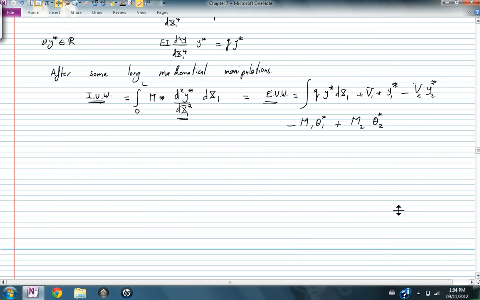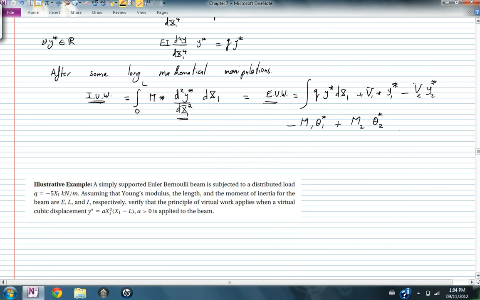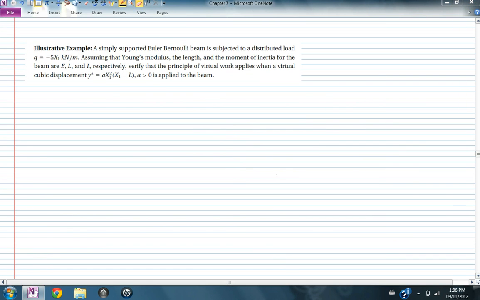Now, let's do an example. In this example, we would like to apply the principle of virtual work for a beam, just to illustrate that the internal virtual work is indeed equal to the external virtual work when a specified virtual cubic displacement is applied. We have a simply supported Euler-Bernoulli beam subjected to a distributed load equal to negative 5x1.